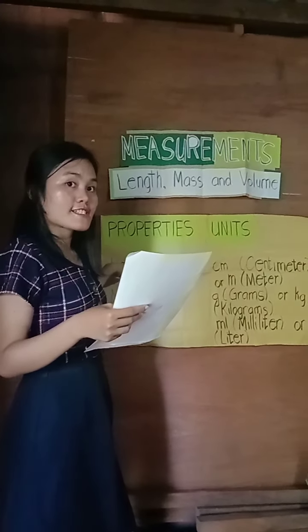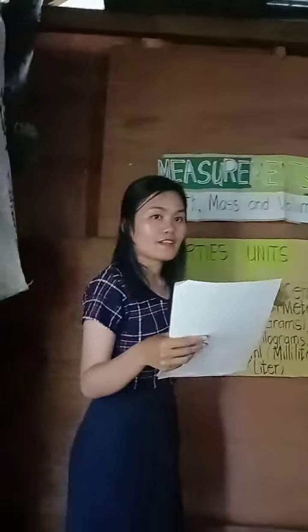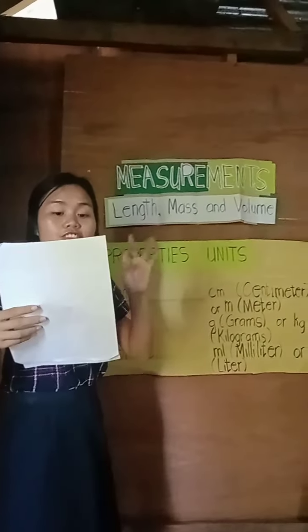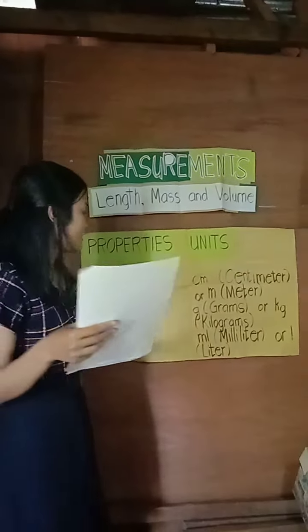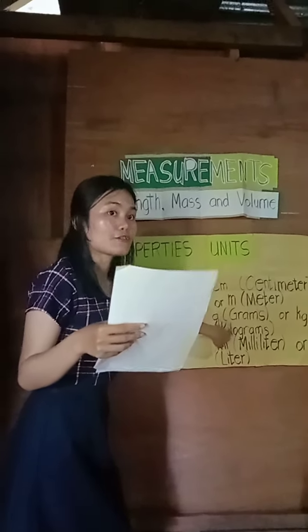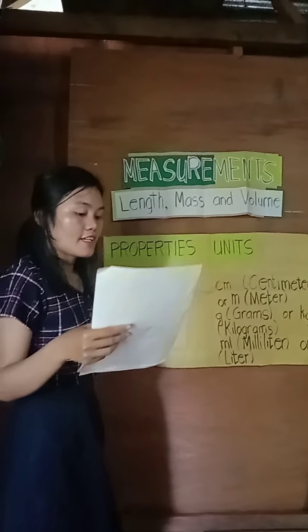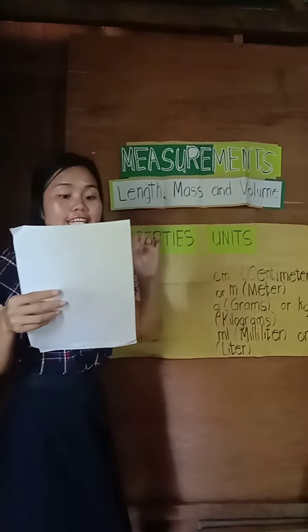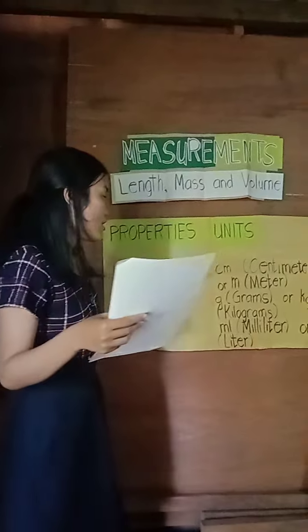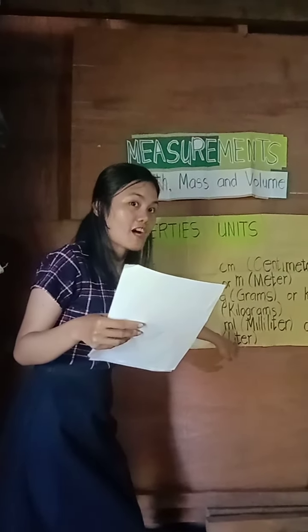The property being measured is also the length. For letter C, 8 kilogram, the unit kilogram is for mass. And then letter D is 8 liter, which falls for volume. Here it is. Are you following?